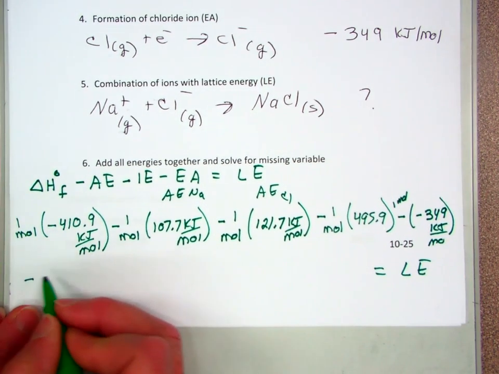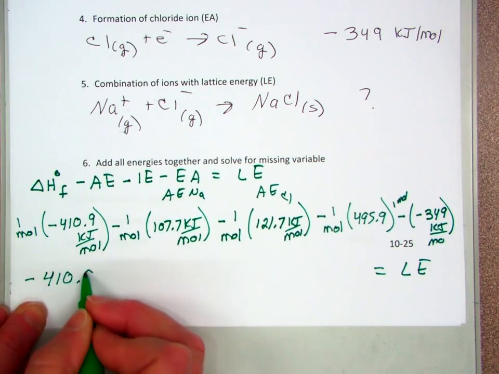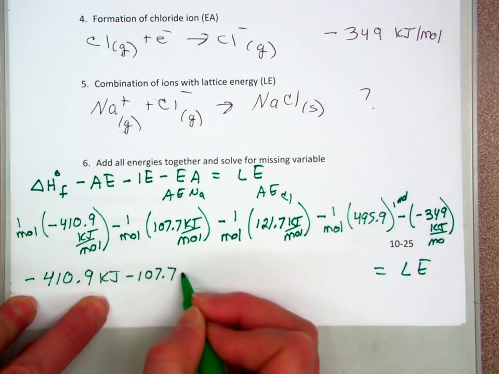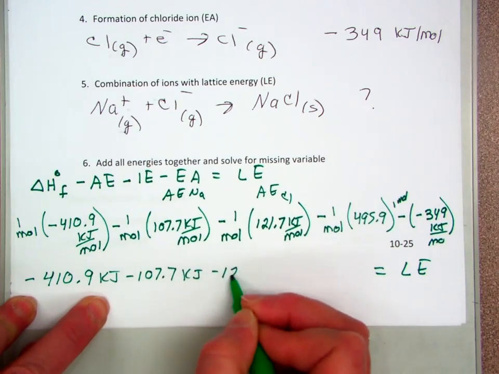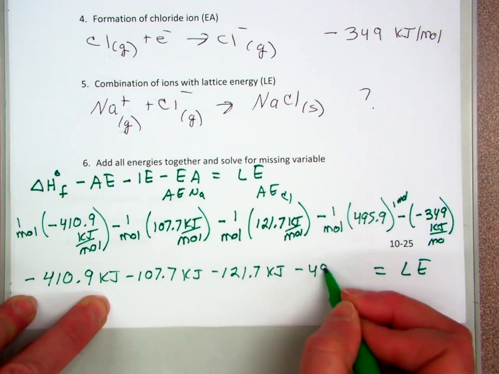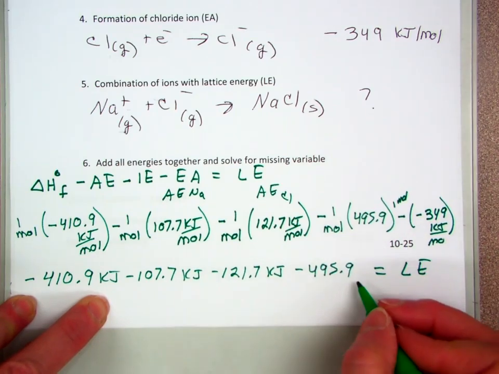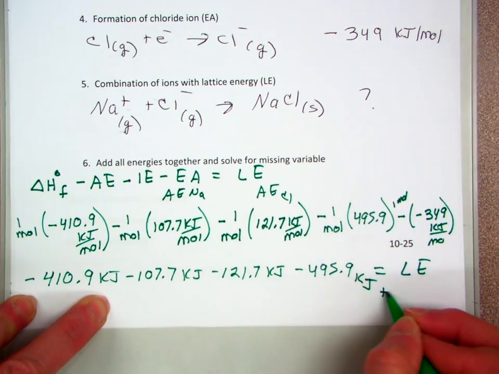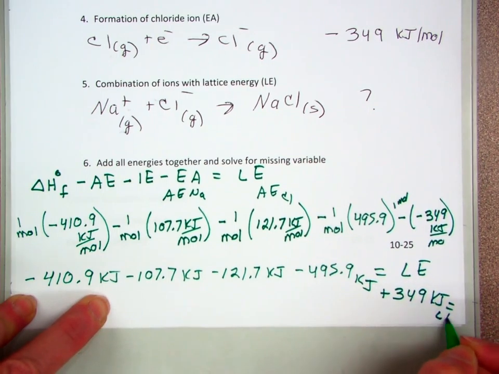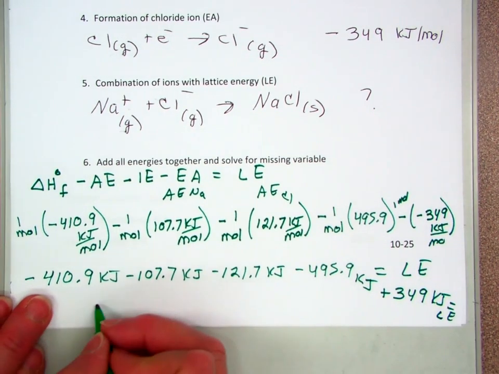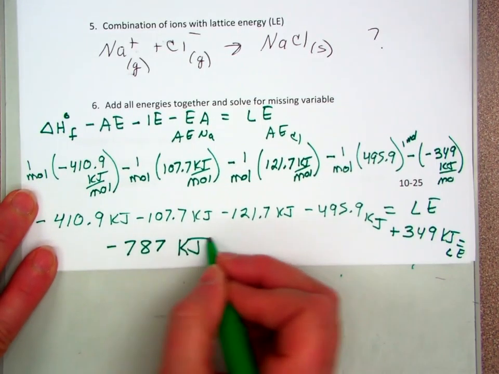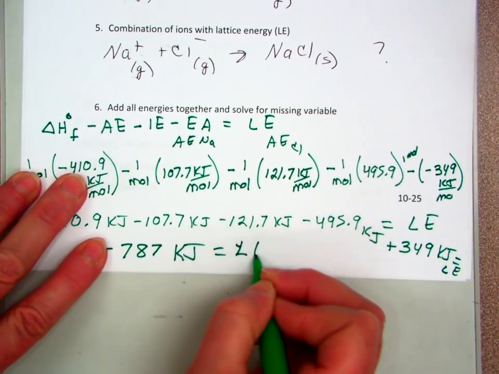So I get negative 410.9 kilojoules minus 107.7 kilojoules minus 121.7 kilojoules minus 495.9 kilojoules plus 349 kilojoules is equal to my lattice energy. So I get negative 787 kilojoules is equal to the lattice energy.